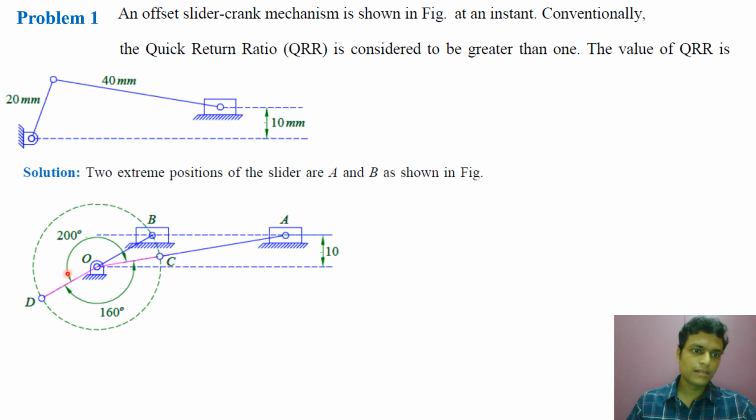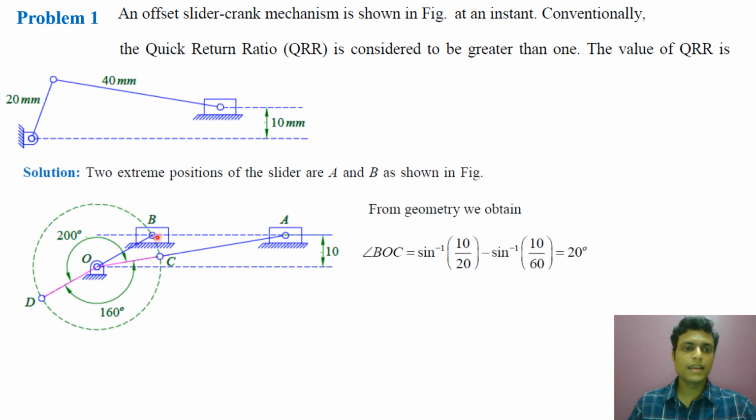This is the angle corresponding to forward stroke and this is the angle corresponding to return stroke, as we have done in our previous analysis. So we have to find out angle BOC. If BOC is theta, then quick return ratio will be (180 plus theta) by (180 minus theta). From the geometry we can obtain angle BOC. How much is angle BOC? OB is 20, and the distance from B to the horizontal line from center O is 10.